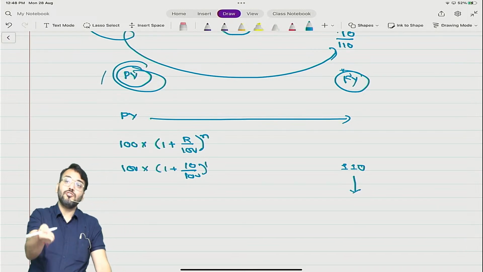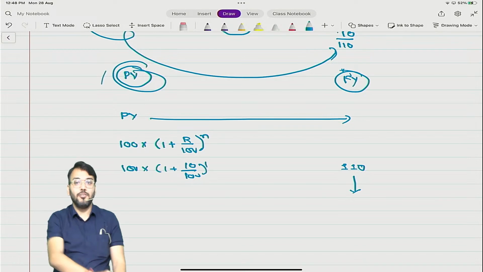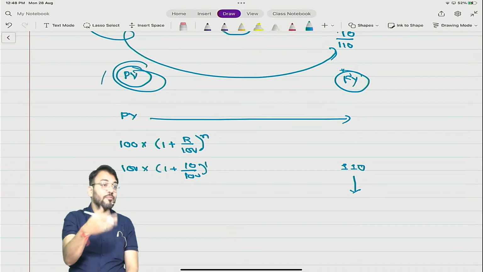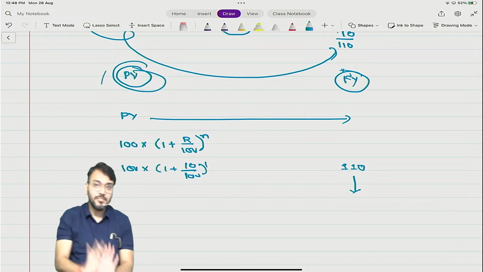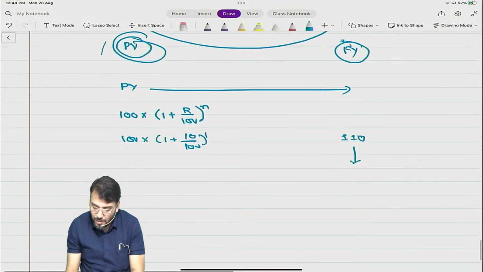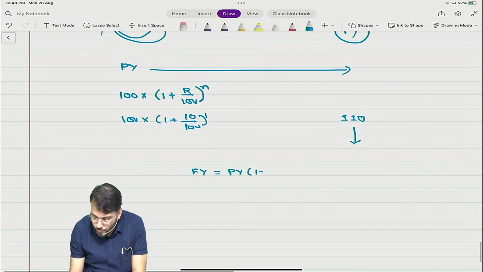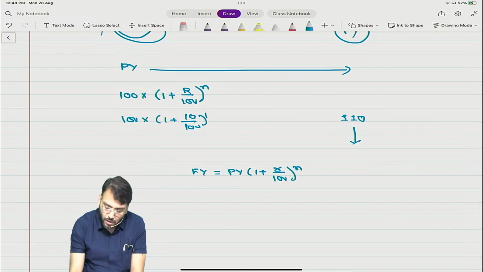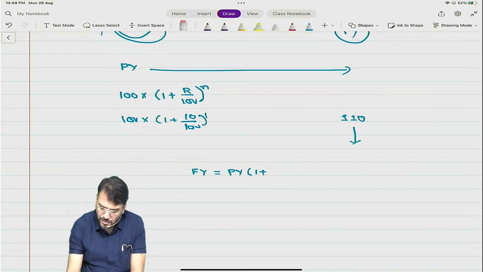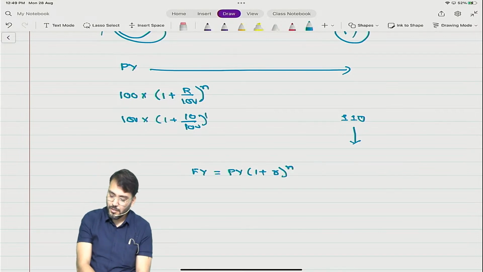So from 110 we need to find out present value. So how to apply that formula we need to understand. Just listen. Can you say our formula is: future value is equal to present value (1 + r/100)^n? Can I write it this way?